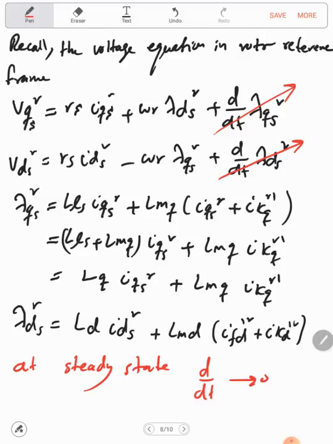From here we can get the voltage equation at steady state. I will use capital letters to represent the variables.